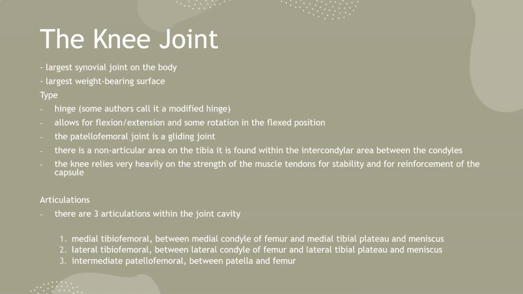So there is the medial tibiofemoral between the medial condyle of the femur and the medial tibial plateau and the meniscus that's related to it. Our second one is the lateral tibiofemoral between the lateral condyle of the femur and the lateral tibial plateau and its meniscus. And of course, the third is the intermediate patellofemoral, which is between the patella and the femur, which we can see here.